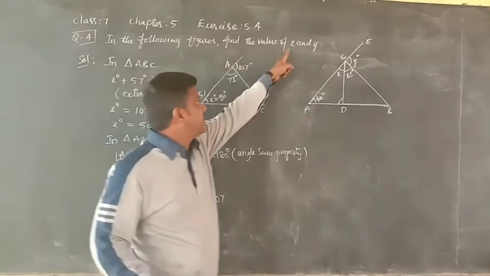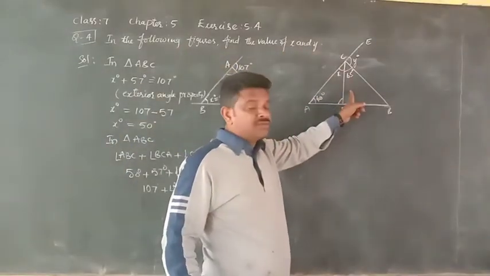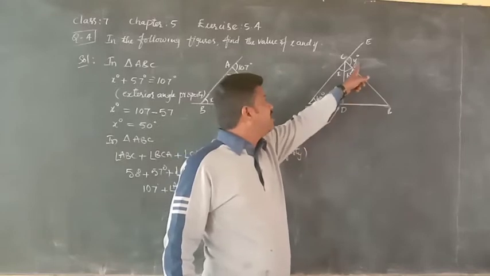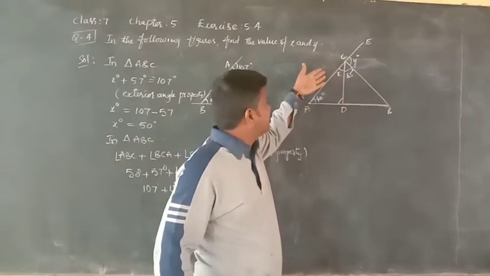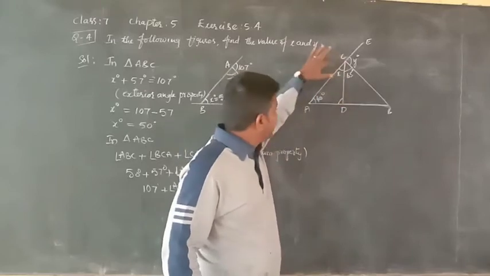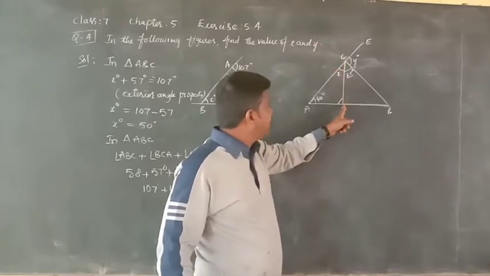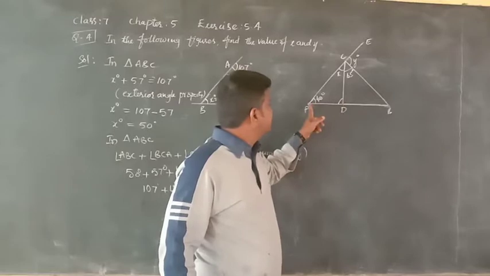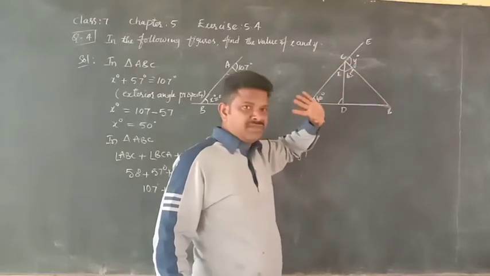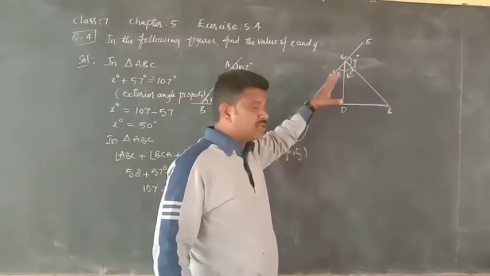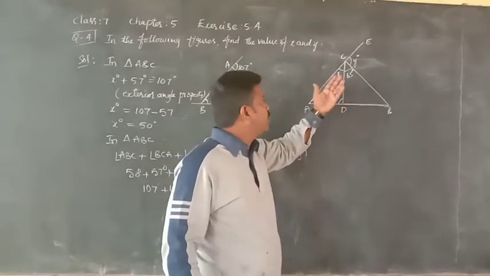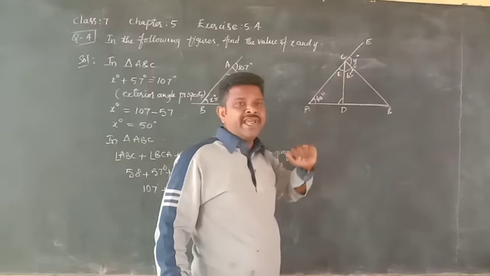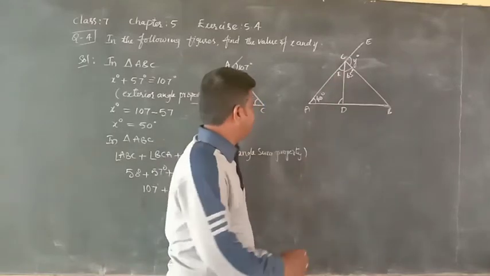In this figure, we found that x is equal to 50 degrees, but in the question we are asked to find x and y. Now we are going to find the value of y using this figure. Here there are two triangles: one is ACD, the other one is ABC. By using the angle sum property and the exterior angle property, we are going to find the value of y with the help of the given figure.